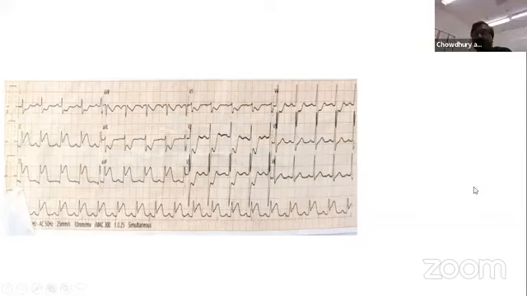Right. So this has long been believed, and there was a publication last year, that the magnitude of ST elevation is associated with prognostic implications.